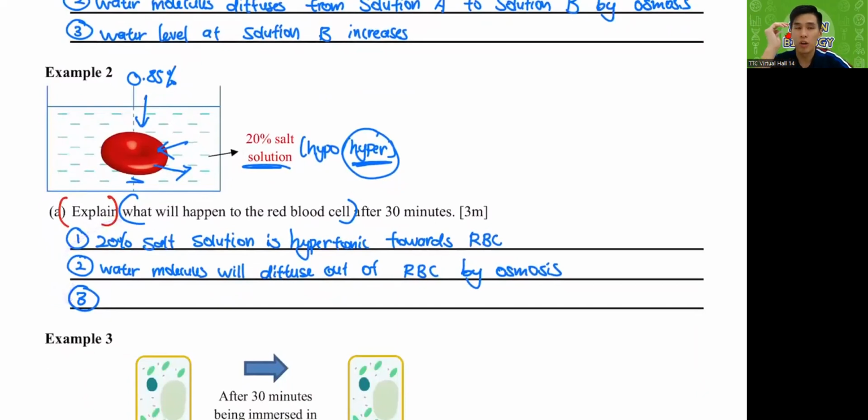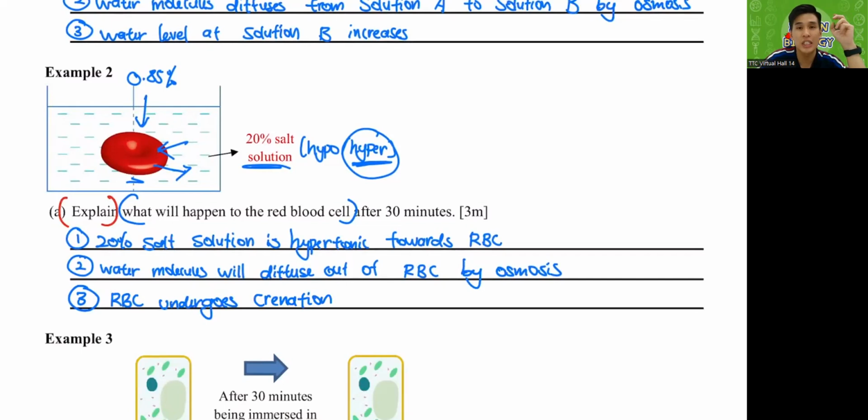Your red blood cell, okay, it will shrink, but we cannot use the word shrink. Because if you remember, plant cell and animal cell shrink or expand got a specific term. What is that term? Okay, Aiden, very good. So what's that term? Your red blood cell, we will say undergoes, yes, crenation.